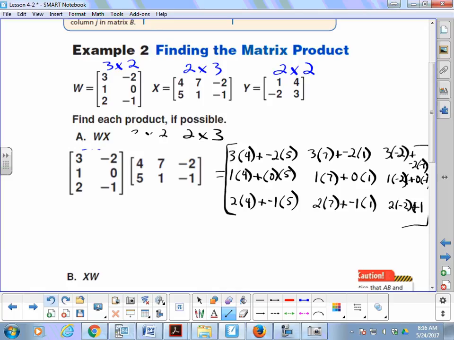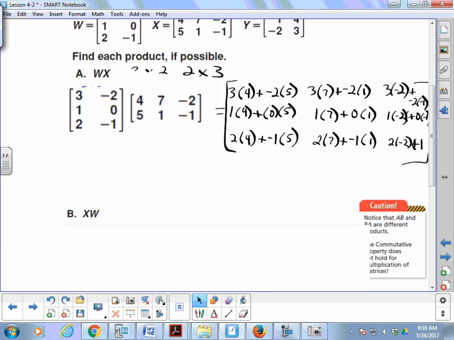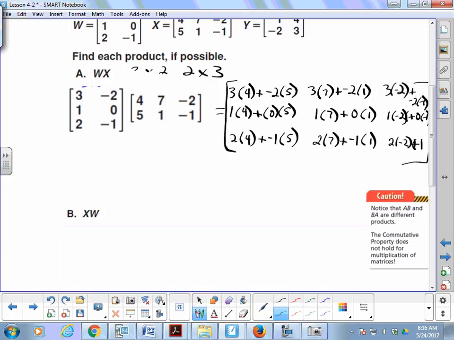So now all we need to do to finish is do that multiplication and addition. All right, so my answer is going to be a 3 by 3. So 12 minus 10 is 2. 21 minus 2 is 19.